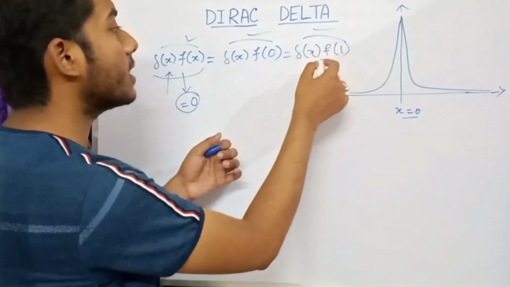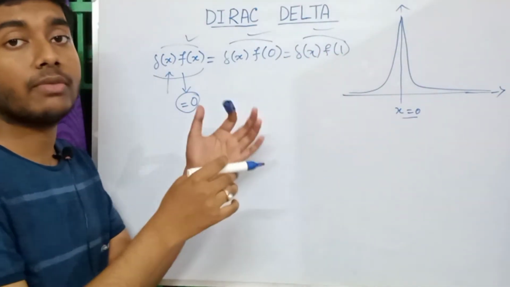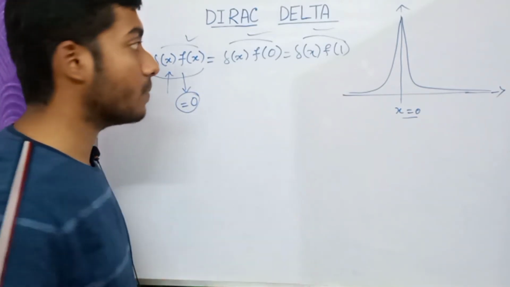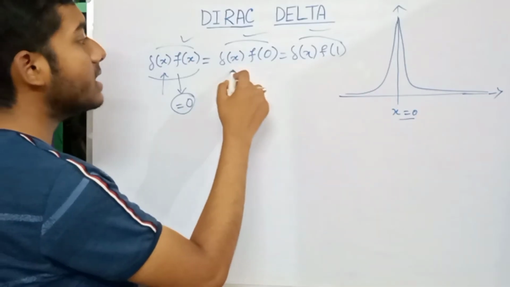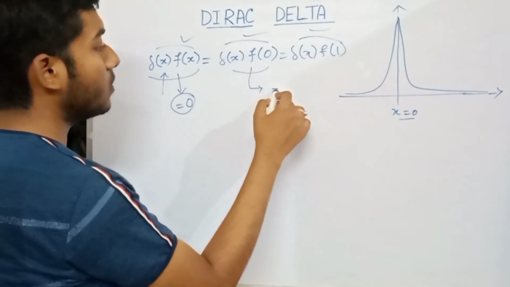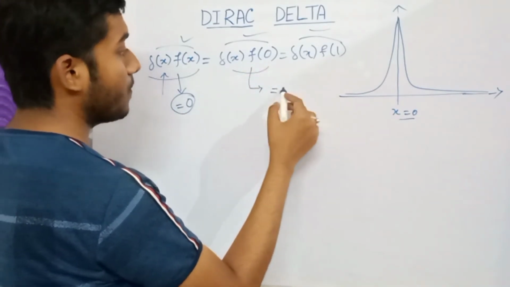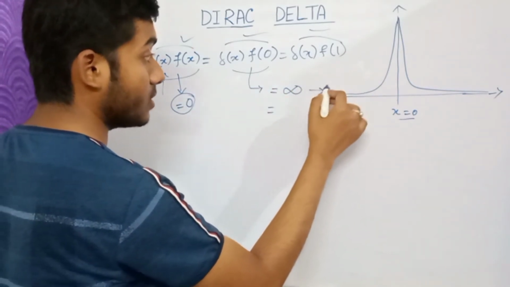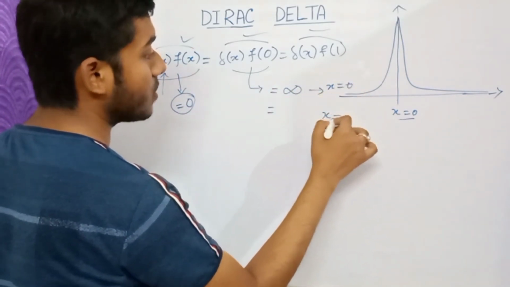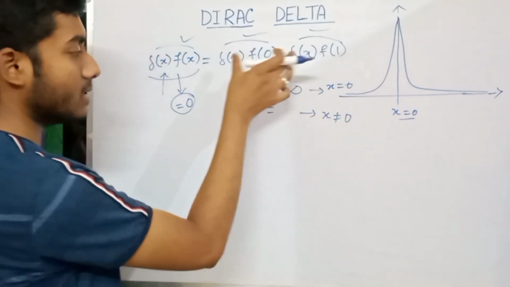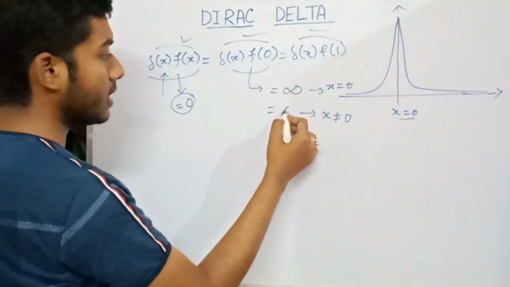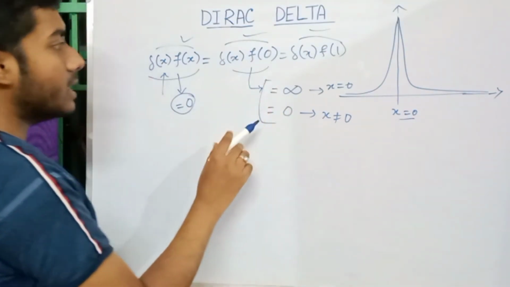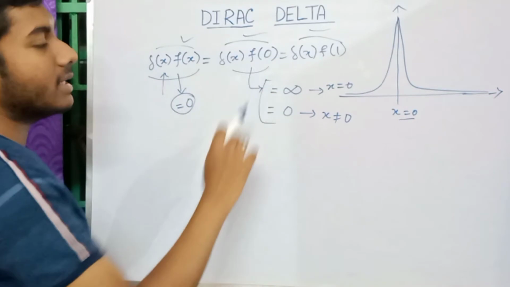Or if we write delta x into f of 2, delta x into f of 3, all these have the same significance and the same value, because the delta is infinite at x equals 0, and at x not equal to 0 this product will result in 0, right? So this is the reason why I have written like this.